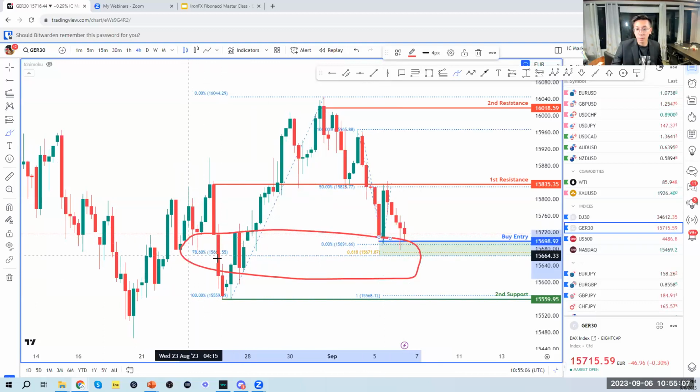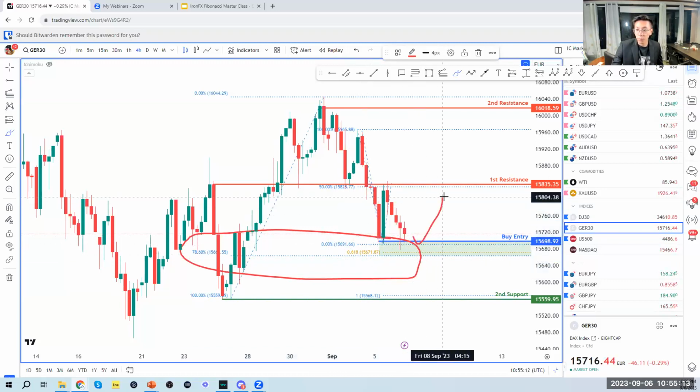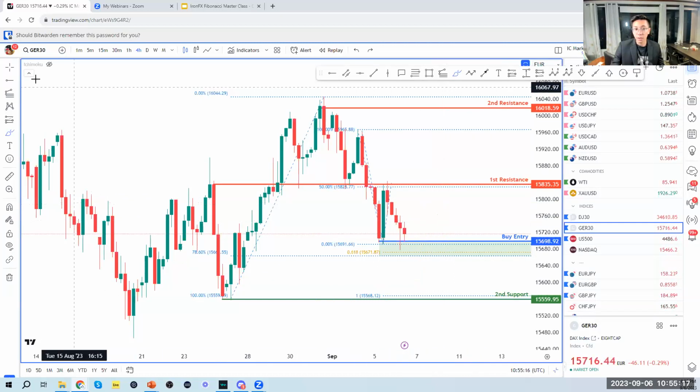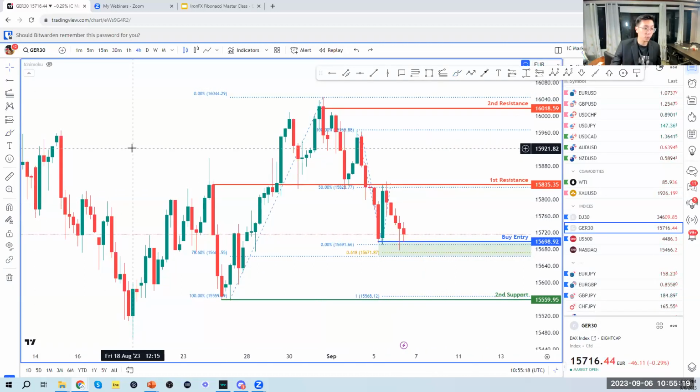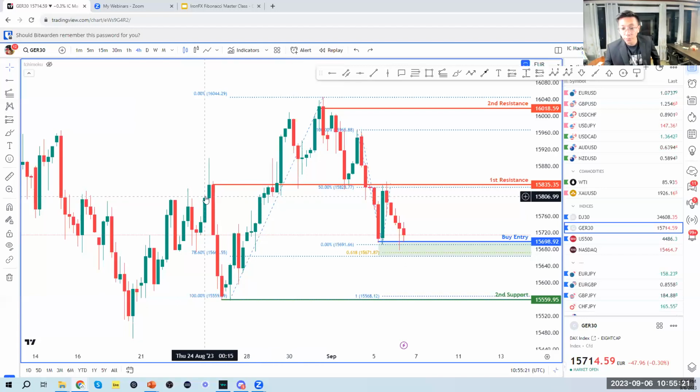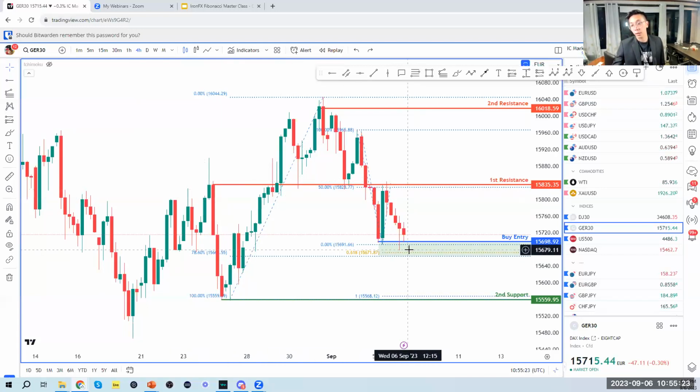We have our 78.6% retracement level and 61.8% projection level, and then we are looking to buy this move upwards. So you don't have to be afraid, you just have to be brave, and then you can find optimal entries right here.